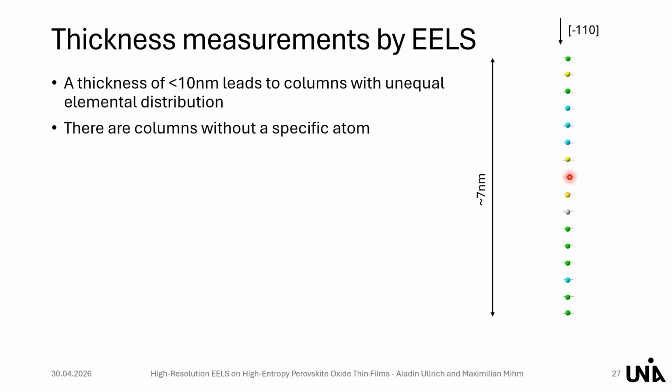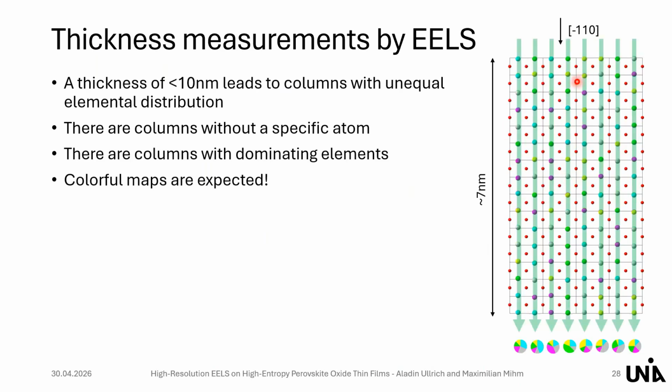You can do this for all columns in this simple model. You can count the number of atoms, and you will find that in every column, here the pink one dominates, here the green one dominates, here the gray dominates. In some columns you get maybe an average, where all atoms are present, but in general, you expect some inhomogeneous distribution, resulting in hopefully quite colorful maps.